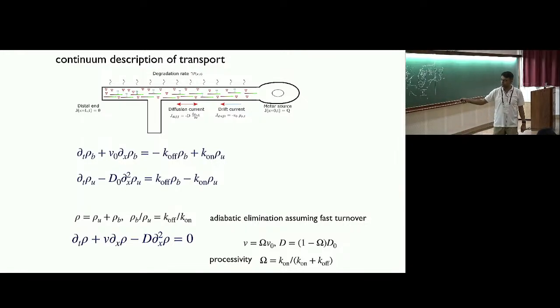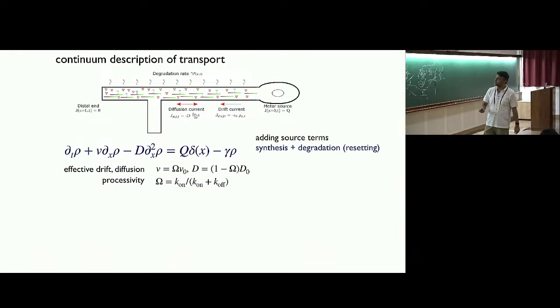But this is not all, I'm just trying to develop this effective equation. So this says that if there are these molecular motors doing this drift diffusion, that will give rise to this effective equation. Once you have this effective equation, two more things you need to add. One is a source: all the proteins mostly are being produced near the cell body.